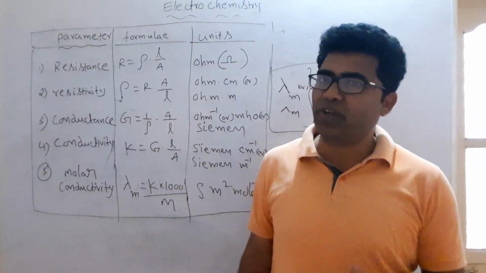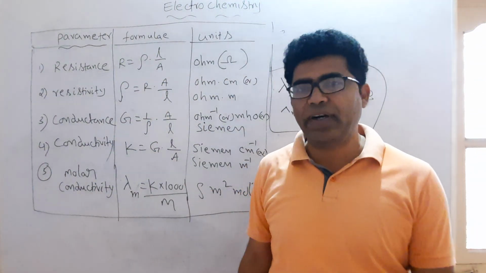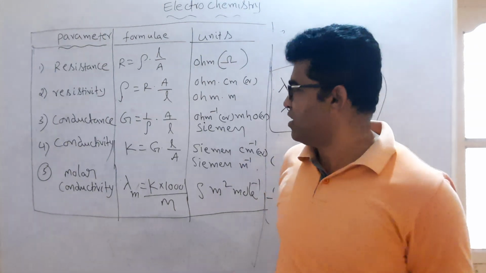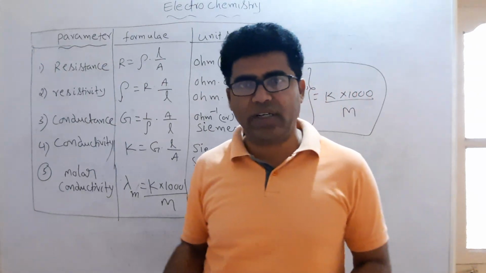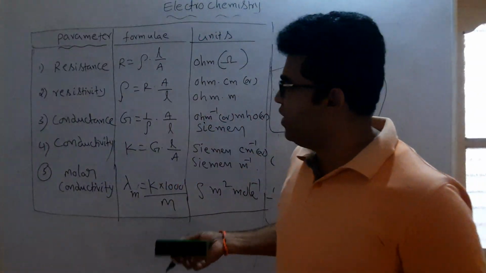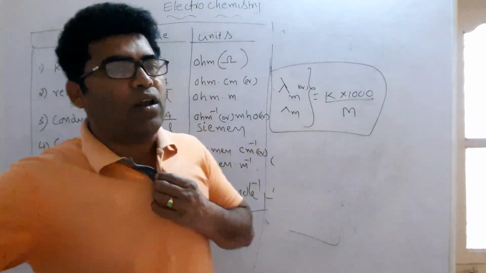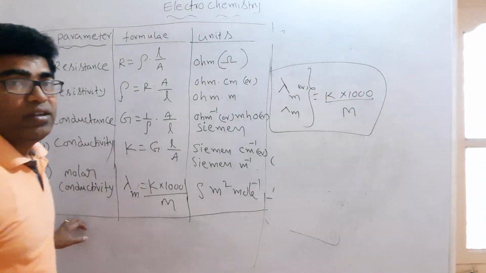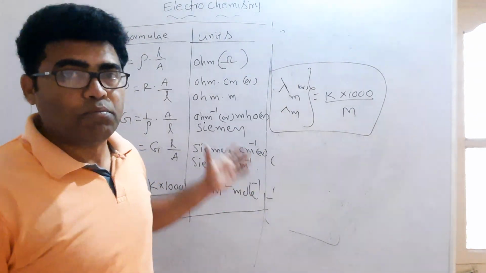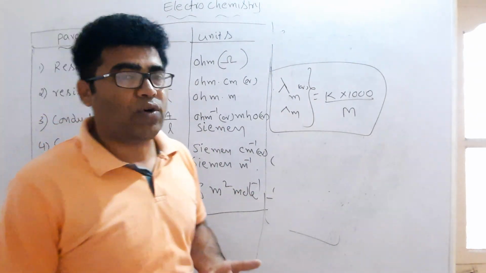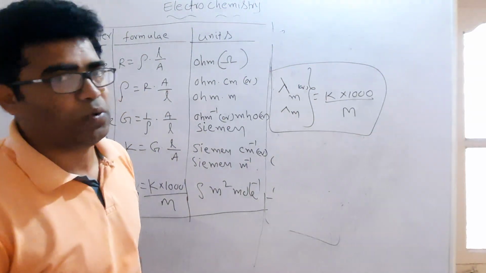Just like that, to find resistance, resistivity, conductance and specific conductance, there are equipments. That means experimentally we can find all these parameters. So always there is an equipment to find some properties, which is why we call it experimental determination or experimental observation, which is possible.